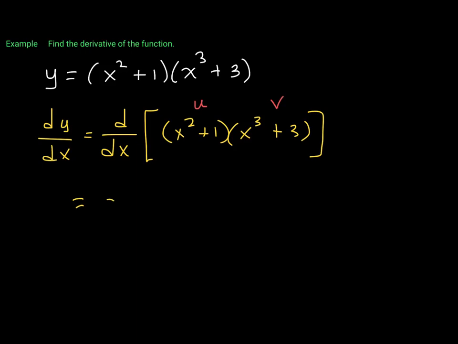So it'll be x squared plus 1, that's the first function, times the derivative of v, the derivative of the second function. Now, the derivative of x cubed plus 3, the derivative of this sum is equal to the sum of their derivatives. So the derivative of x cubed, that's the power rule, that's 3x squared.